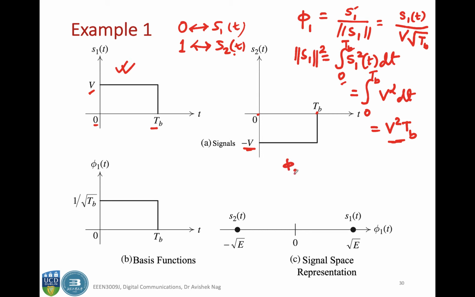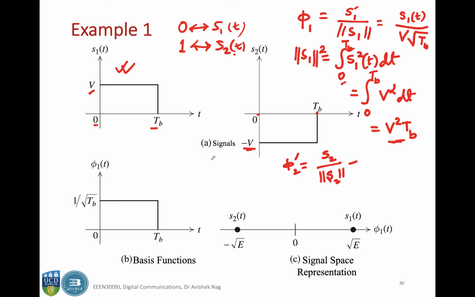So phi 2 prime will be S2 divided by the norm of S2, minus the projection term.